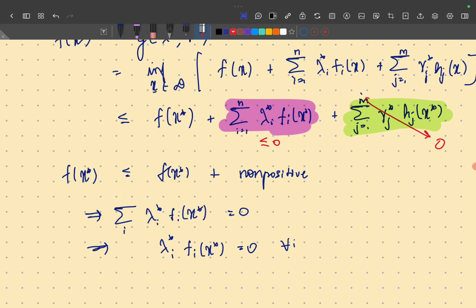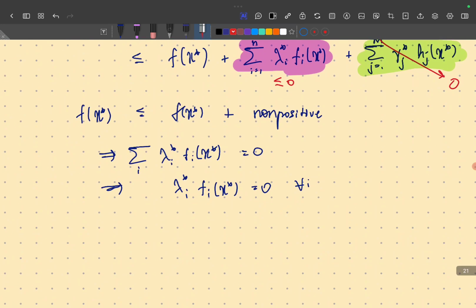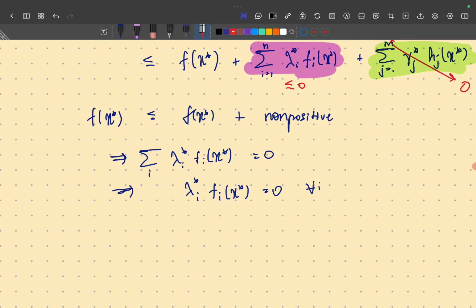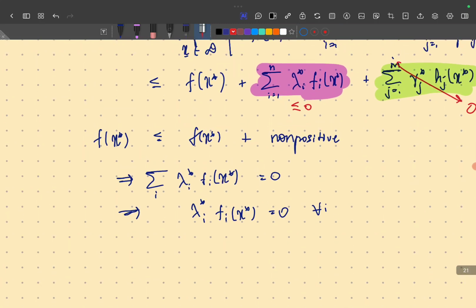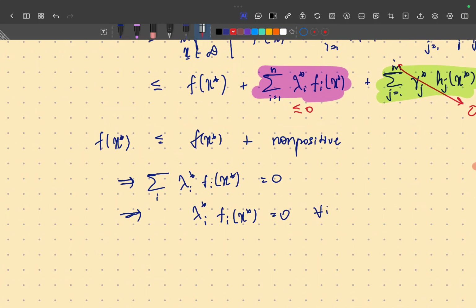So if even one of them is negative, then the sum can never be equal to 0, because there are no positive terms in this summation. Questions? Okay, so this is how we arrived at the complementary slackness conditions.